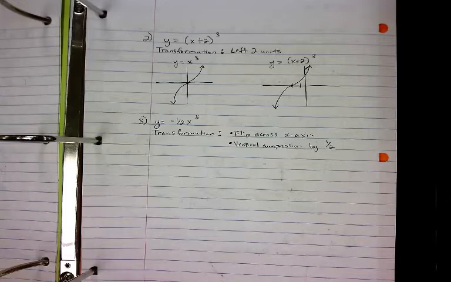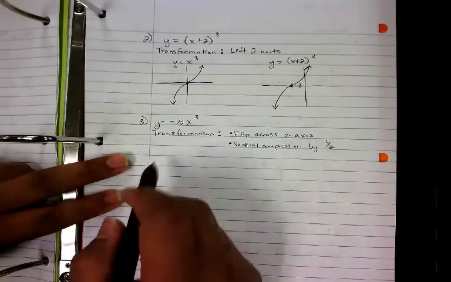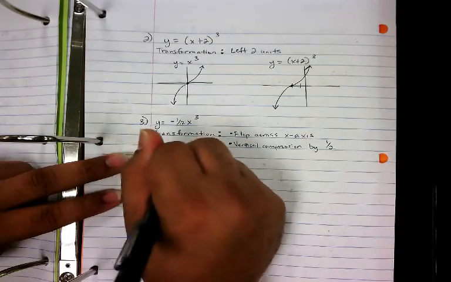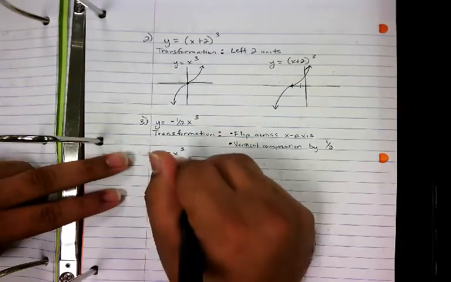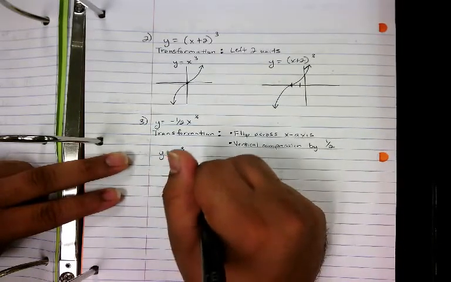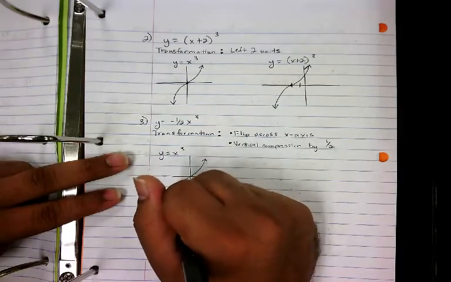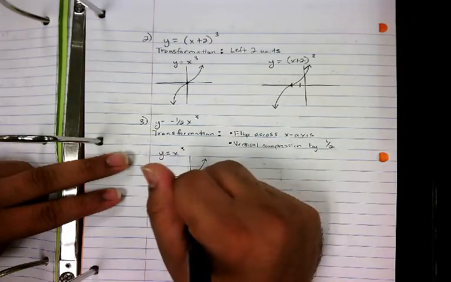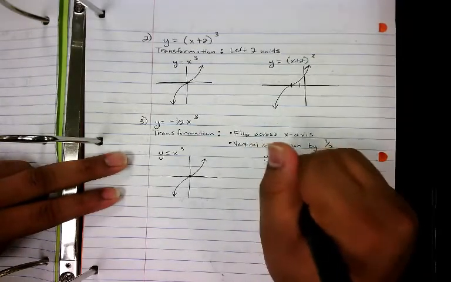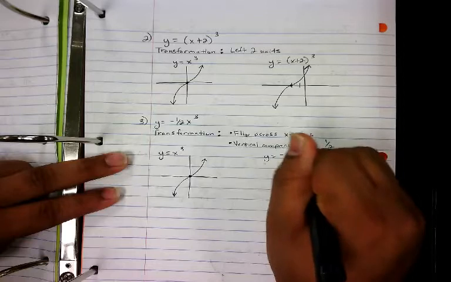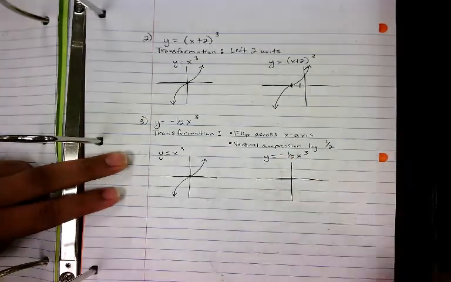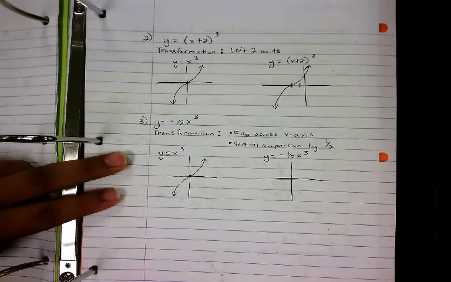Okay. So now we have y equals x cubed. That's our parent function. So I'm going to graph that, because it starts at the origin. And now we have y equals negative 1/2 x cubed. Remember, it's flipped across the x-axis.